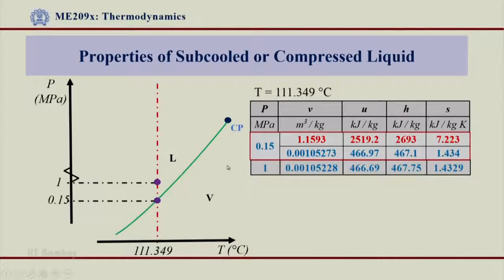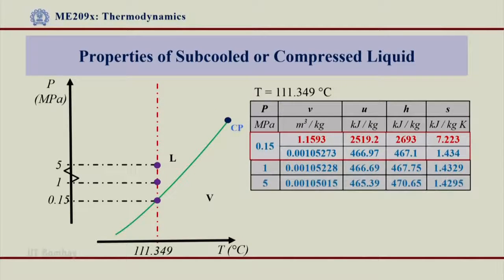If I go further now, compressing this liquid to 5 MPa, alright, these are the properties, and again you see that the property changes are minimum, but in case of enthalpy you can see now there is a little bit more increase, maybe around 1%, while for the others again the property changes are minimum.